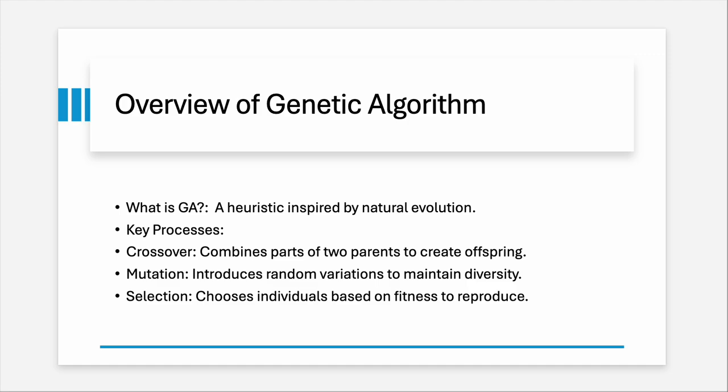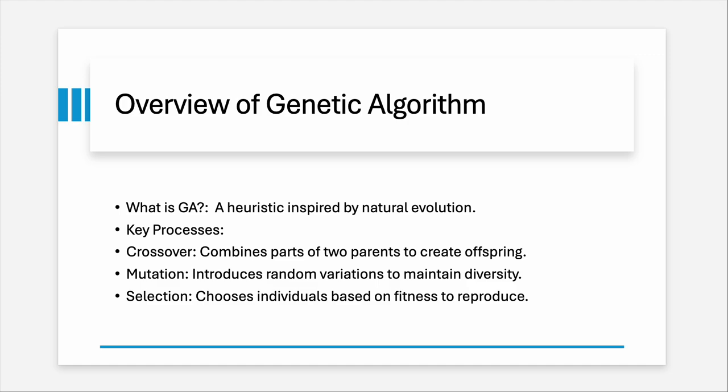A genetic algorithm, or GA, is a heuristic optimization method inspired by the theory of natural evolution. It starts by generating an initial population of random candidate solutions. These solutions evolve over multiple generations through three key processes: selection, crossover, and mutation. Selection involves choosing the fittest individuals, those with the shortest path.